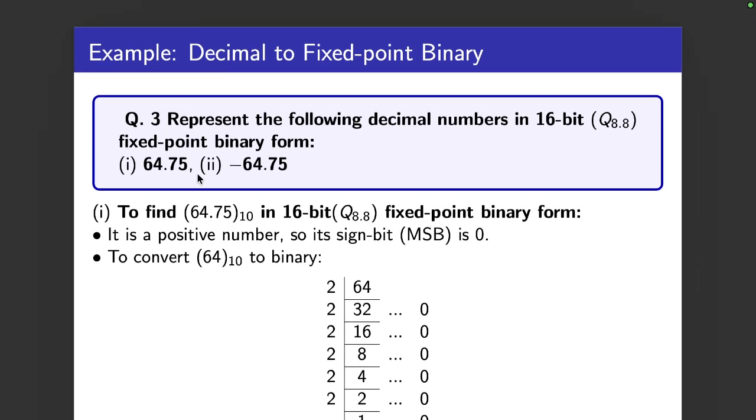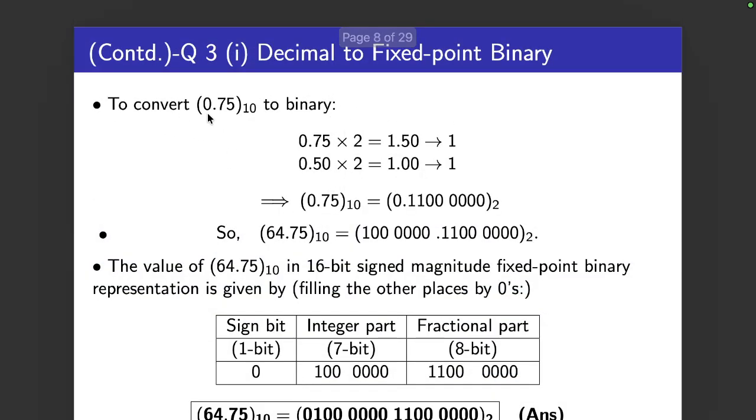Next, we convert the integer part 64 to binary by division by 2, noting the remainders. Reading the remainders from the last to the first, 1000000 is the binary representation of the integer 64. Next, we convert the decimal part 0.75 to binary. Multiply by 2, we get 1.50, so the integer is 1.